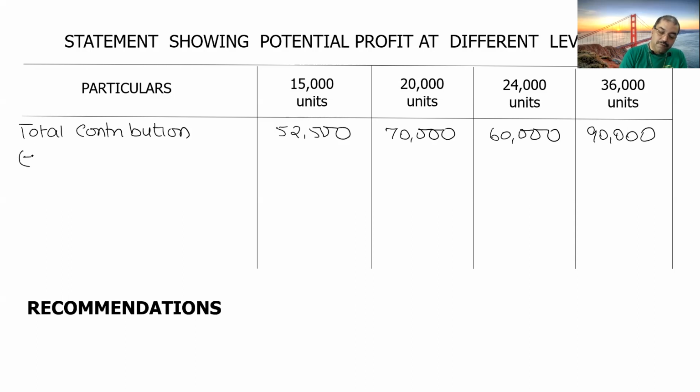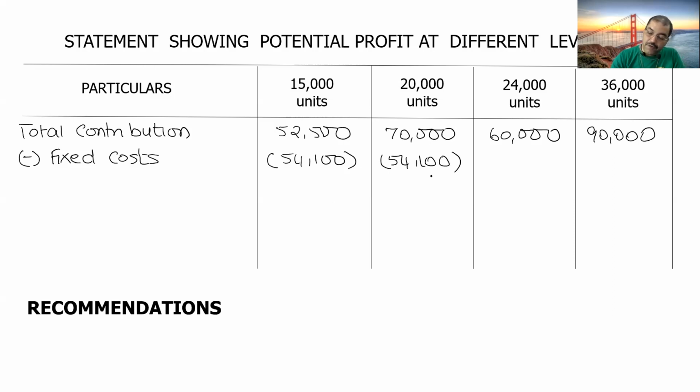Minus the fixed cost, which we have already calculated. For the range between 15 to 20,000, it is 54,100, and for the range between 24 to 36,000, it is 70,100.